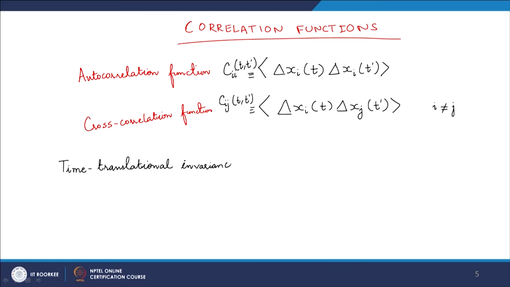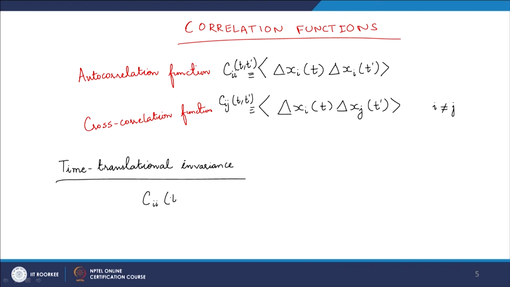And what it tells me is, if I look at the correlation between two time points which are separated by say some delta t, and if I look at the correlation between two other time points that are again separated by delta t, those two correlations will be identical. That is to say, the origin of time is not important, only the difference between the two times contributes to the correlation function.